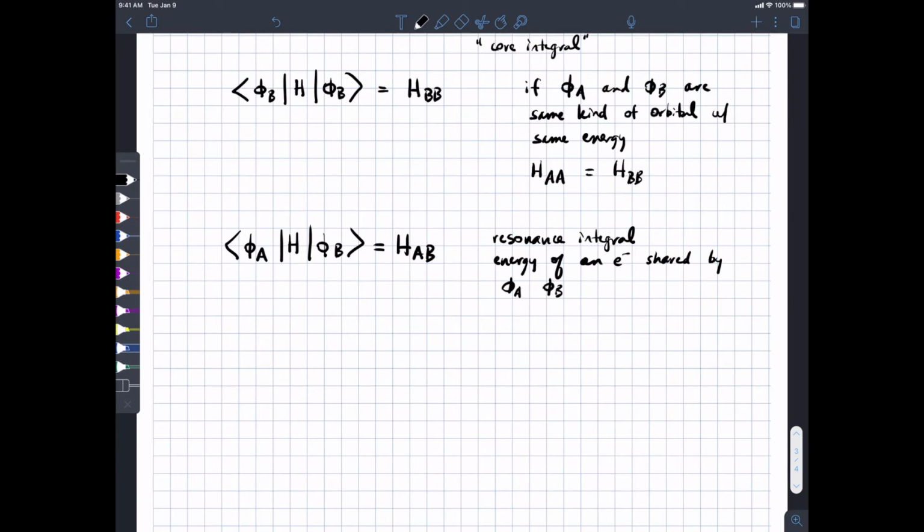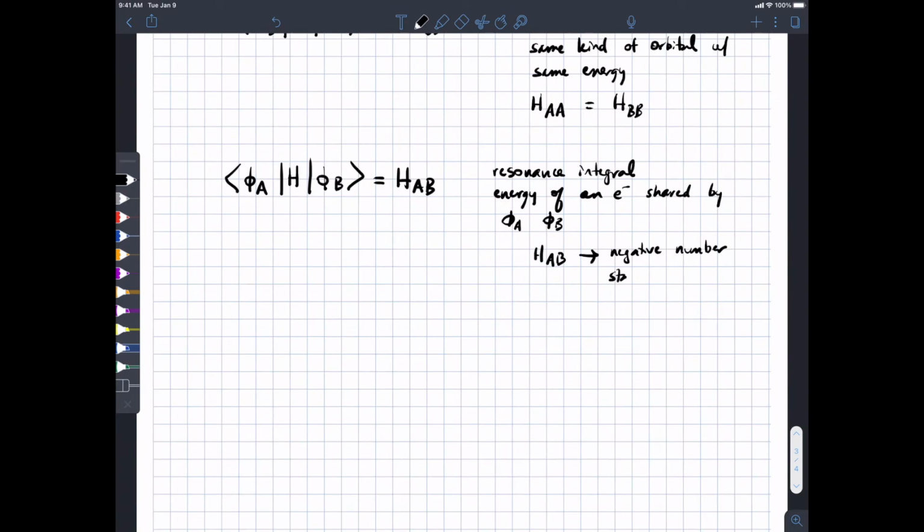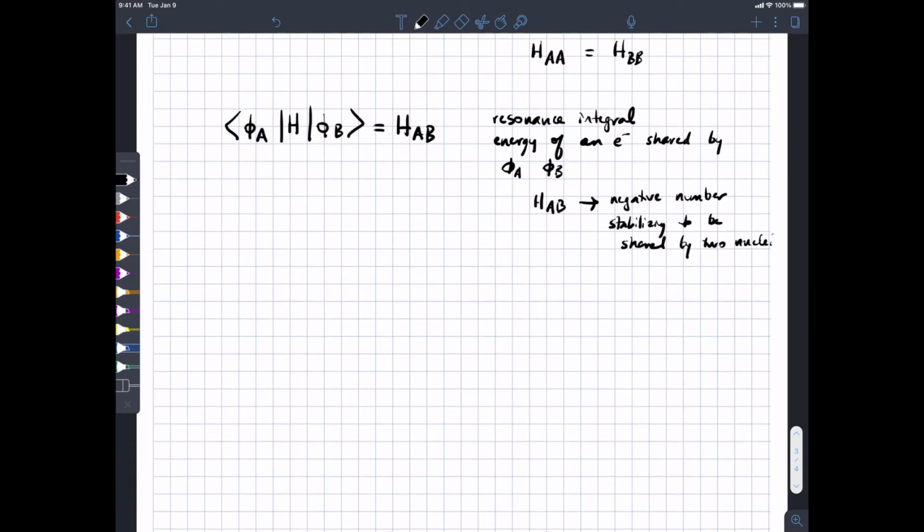This energy is stabilized. So we're going to call that HAB. HAB should be a negative number because it is stabilizing to be shared by two nuclei. That's a potential energy argument, and the electron will have lower kinetic energy between the two nuclei.